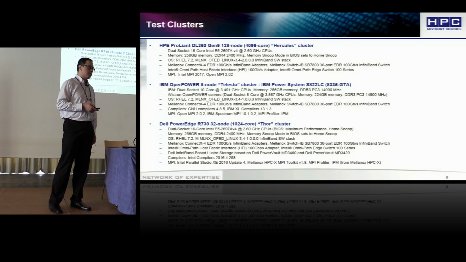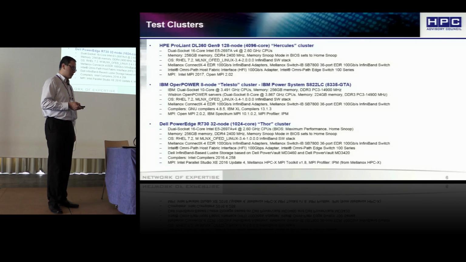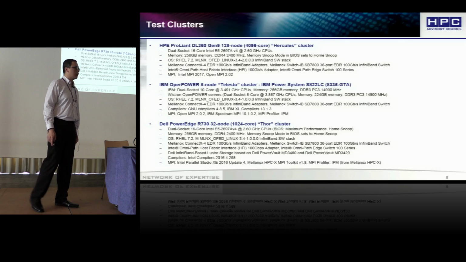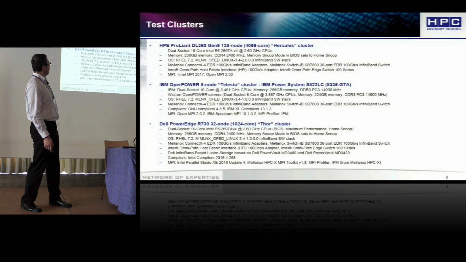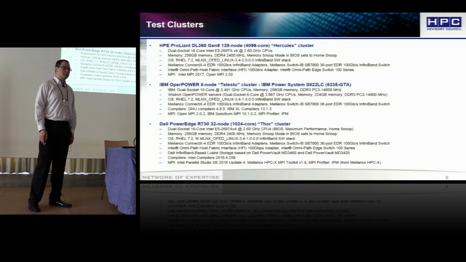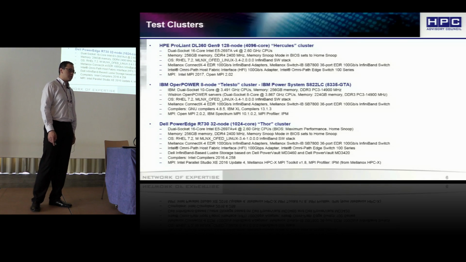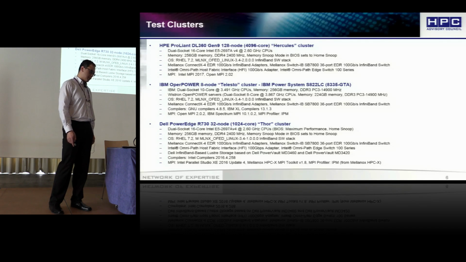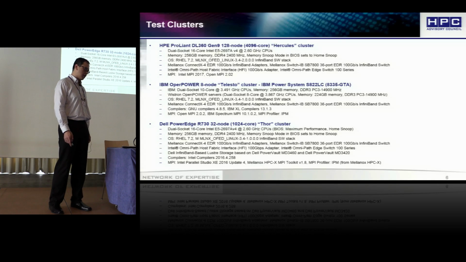The following slides show you the type of hardware that we have worked on. We have 3 of these clusters being used for the studies in the subsequent slides. The first one is the 128 node Intel Broadwell cluster, which has different types of network interconnect, namely EDR InfiniBand and also OPA hardware.